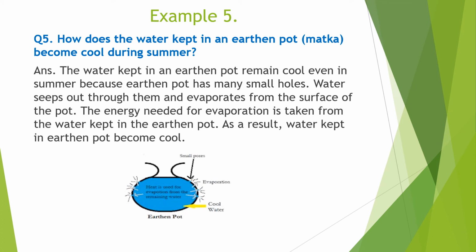Here, when evaporation is taking place, energy is continuously being lost, so as compensation it is taking energy from the water kept inside the pot, leaving that water cool. That's why the water kept in an earthen pot becomes cool during summer.